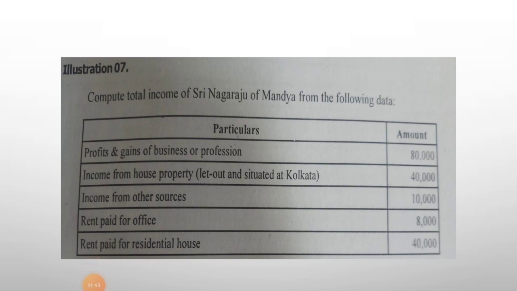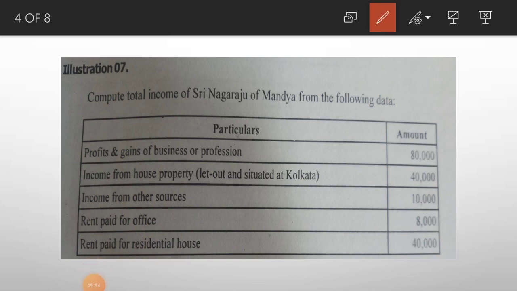In this problem, gross total income is not given, so you have to calculate the gross total income as well as adjusted total income. The first item is profits and gains of business or profession, rupees 80,000, that is income from business that you have to consider while calculating the gross total income.